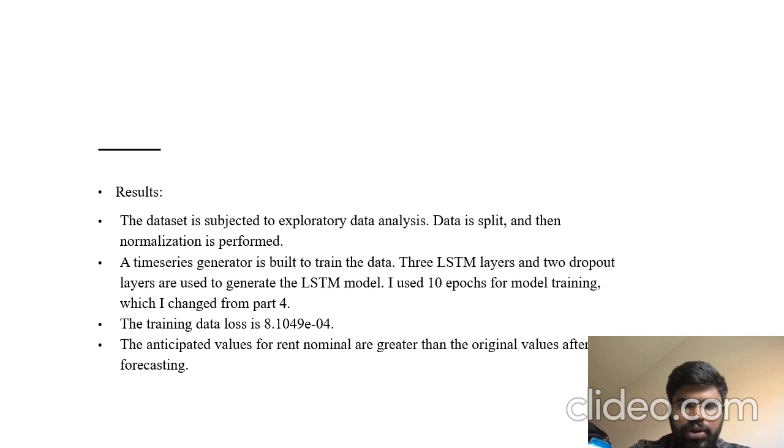I used 10 epochs for model training, which I changed from part 4. The training data loss is 8.1049E04. The anticipated values for rent nominal are greater than the original values after the forecasting.